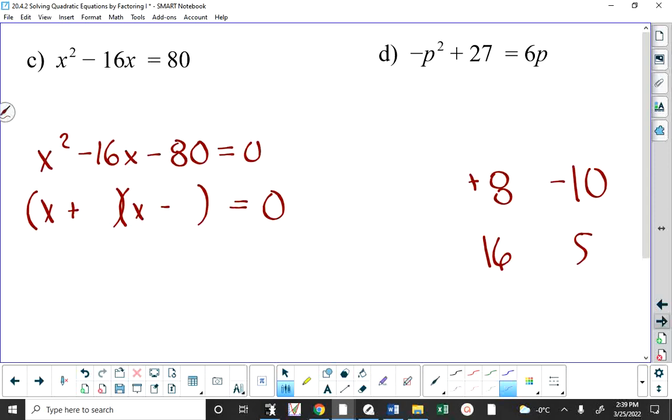I just said if 8 times 10 is 80, then double 8 and half of 10 would have to be 80 as well. But this is not going to add either, is it? To give us the 16. But if I double the 10, I get 20. And I cut the 8 in half, I get 4. This has potential. 4 times 20 is 80, that's for sure. And if the 20 is negative and the 4 is positive, they will add to give the negative 16.